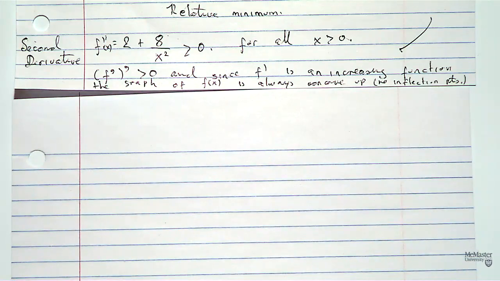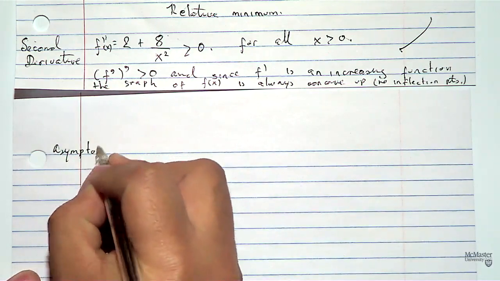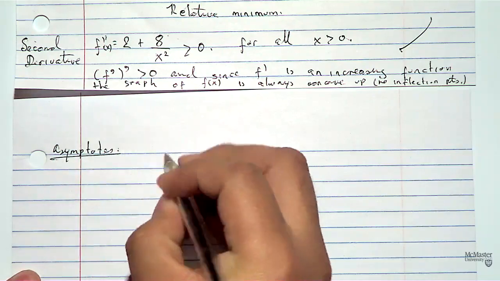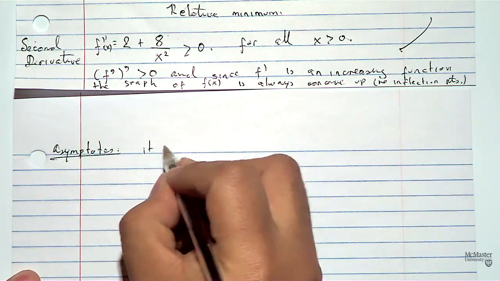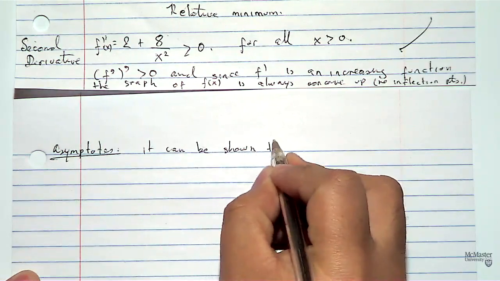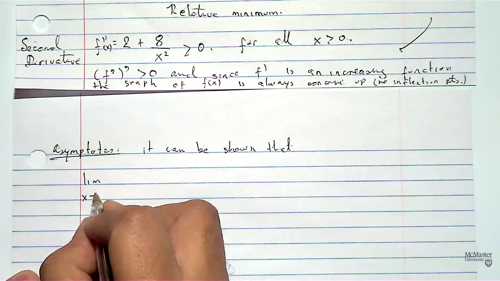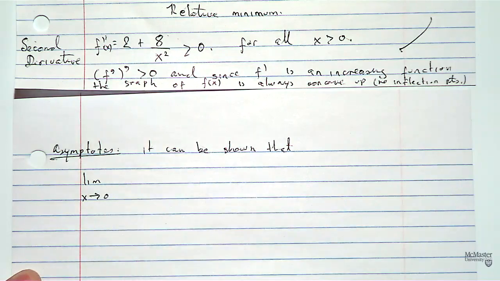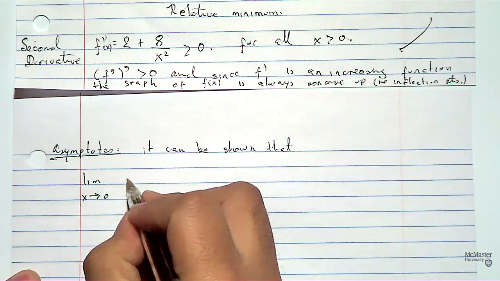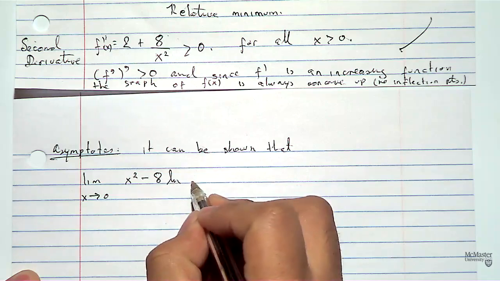Regarding asymptotes, we can show that if I consider the limit as I approach 0, of course, with numbers greater than 0, of the original function f, x squared minus x natural log of x.